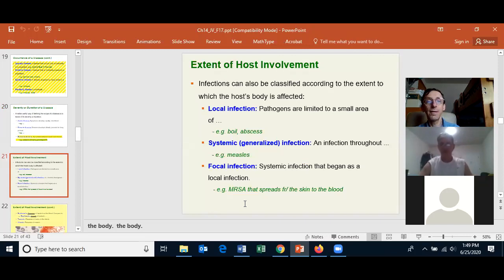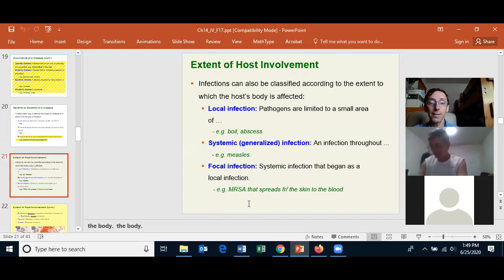The extent of the host involvement is another thing to look at with disease. Infections can be classified according to the extent to which the host body is affected. A local infection is when a pathogen is limited to a small area of the body.